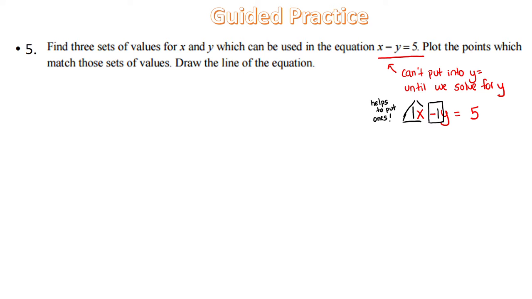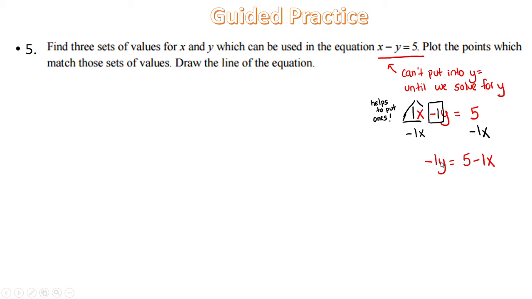So next, we're going to get rid of the triangle by doing its opposite. Always add or subtract to get rid of the triangle. And in this case, this triangle has an imaginary plus in front of it, so we're going to subtract 1x on both sides. So that means right now, because we're not going to combine these together, they're not like terms, we have negative 1y equals 5 minus 1x.